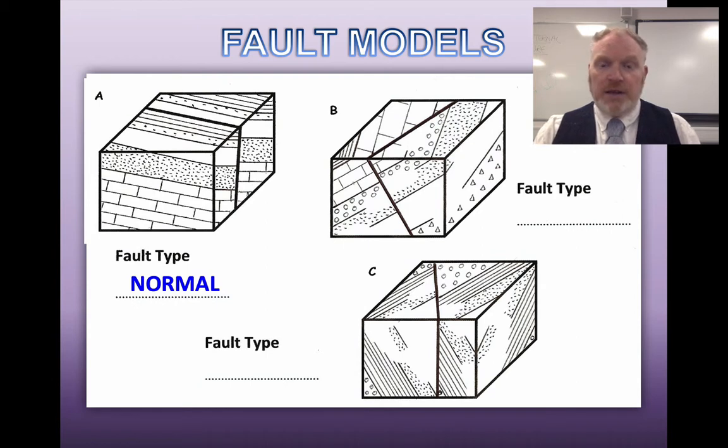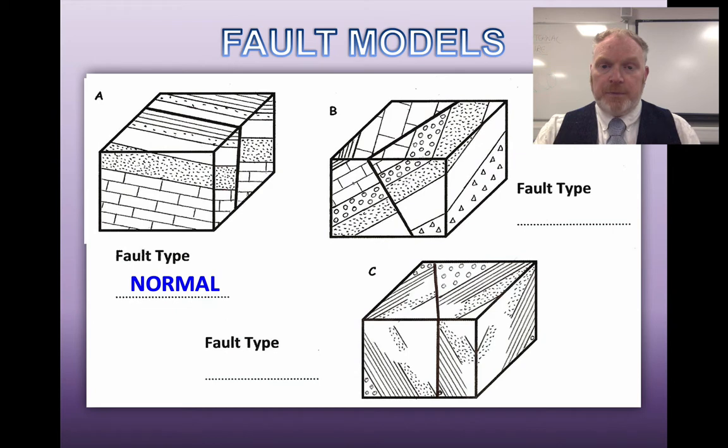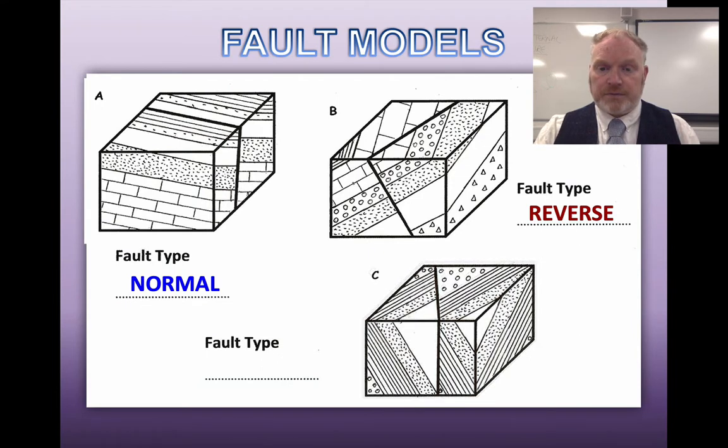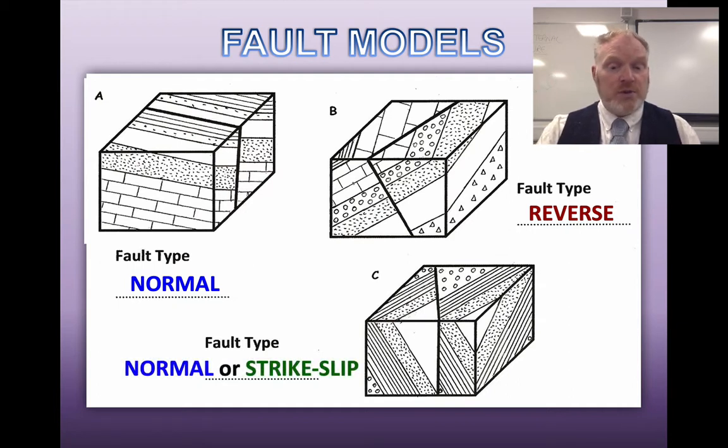If we complete diagram B, we can see the hanging wall of the fault there is upthrown. It's the footwall that's been downthrown, so that's reverse. And finally, if we complete diagram C, we've got horizontal displacement there. It's strike slip. It could, though, be a normal fault as well. It's quite hard to tell with C. Anyway, those are the answers.